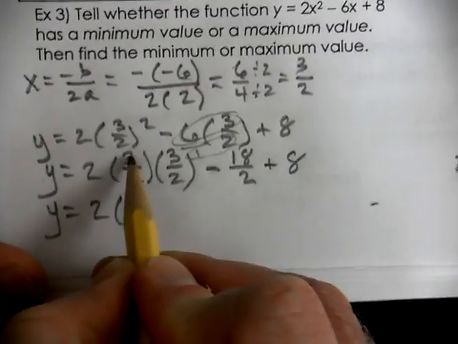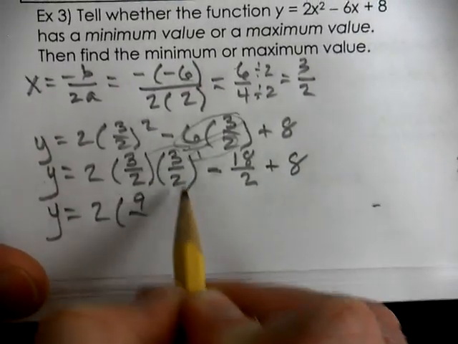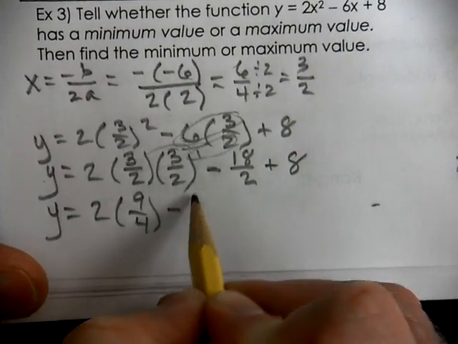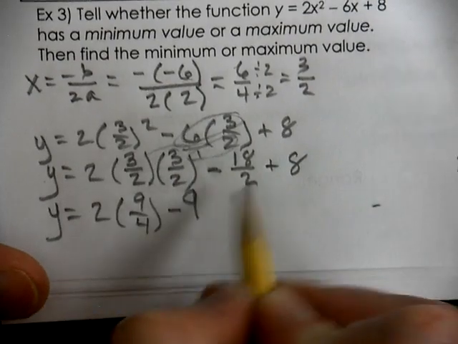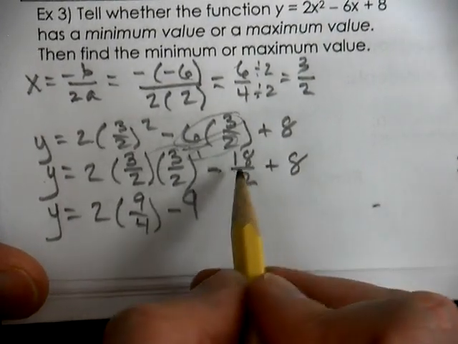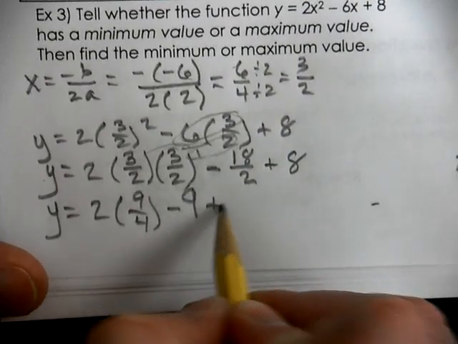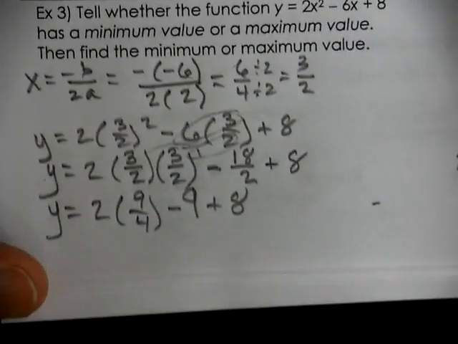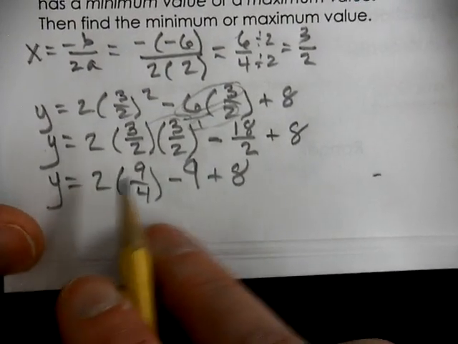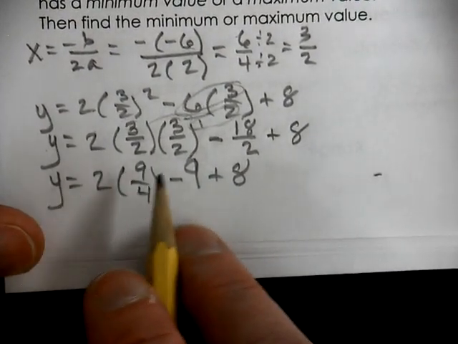Then we have 3 times 3 is 9. 2 times 2 is 4. Minus, this is 9, right? 18 divided by 2. No need to make common denominators if I can reduce that. Plus 8. All right, how do I simplify this?